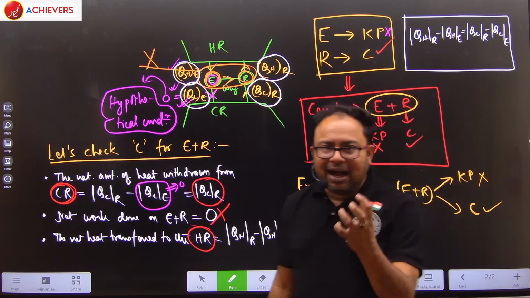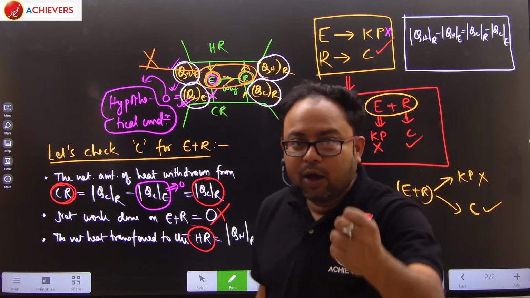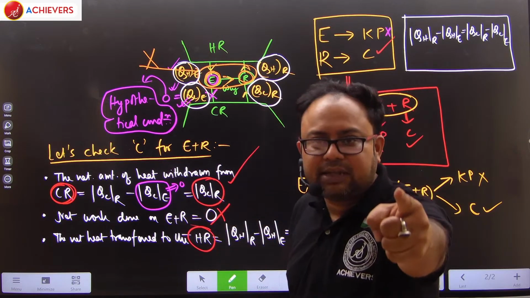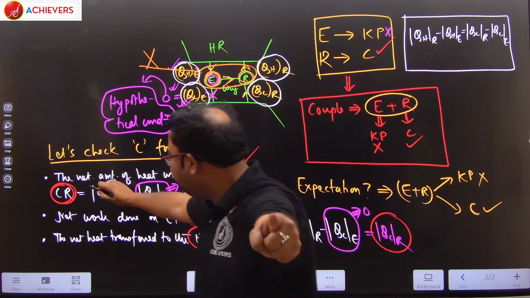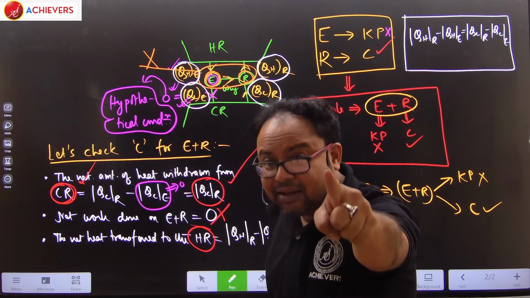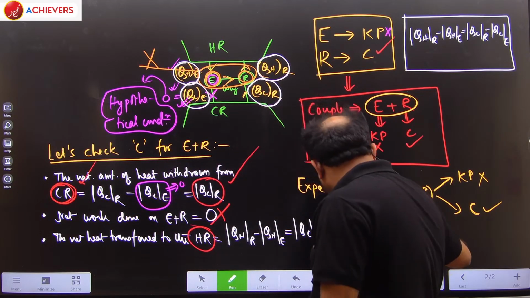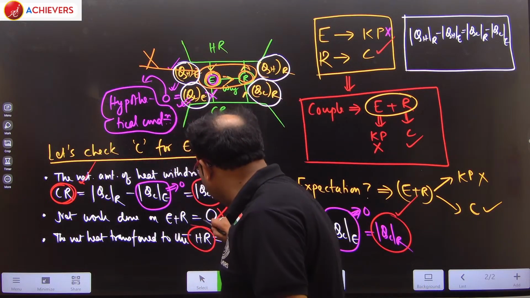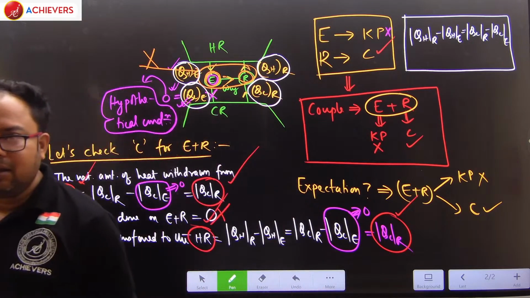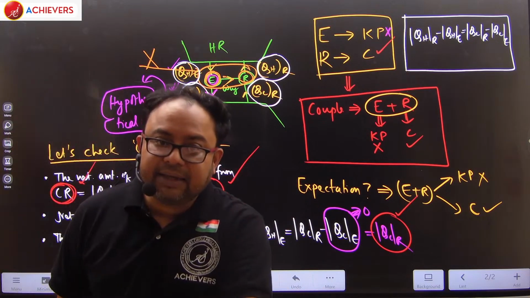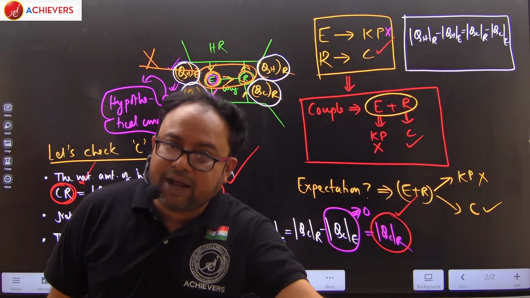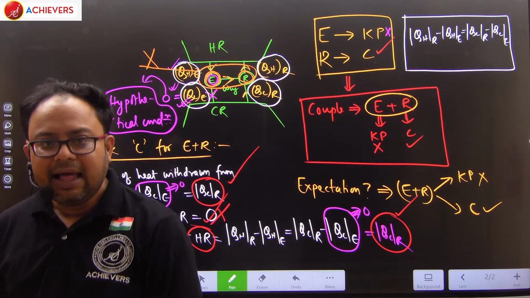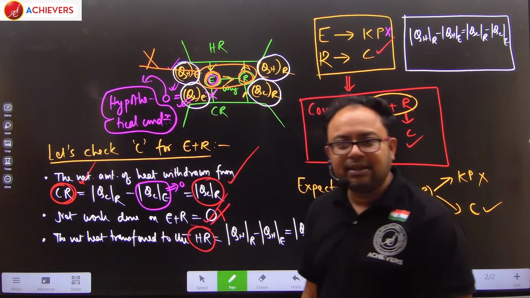So E plus R is such a thermodynamic entity which withdraws QCR amount of heat from the cold reservoir and transfers the same amount of heat to the hot reservoir. And there is no support from the external agency.